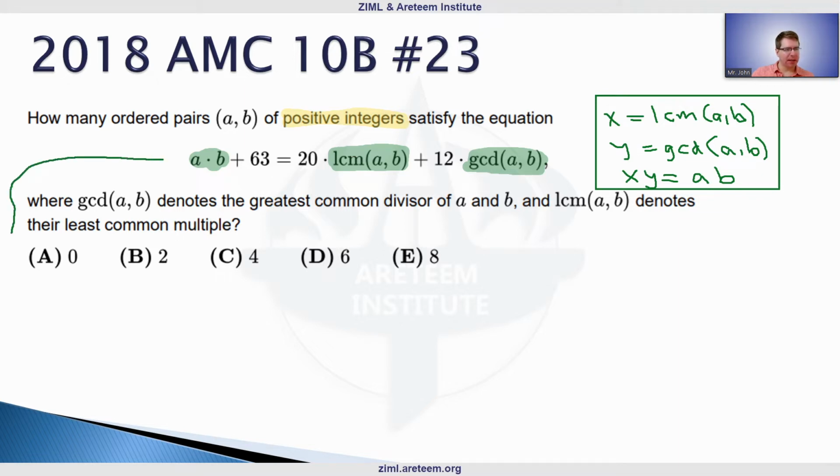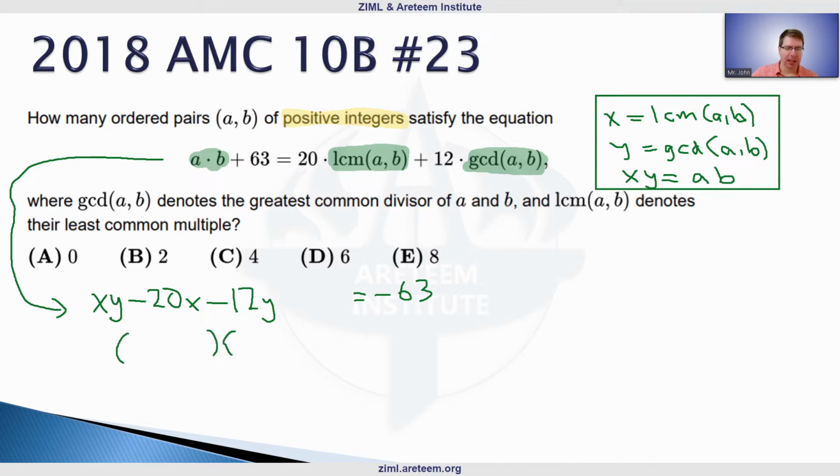But let me rewrite this and do a little rearranging here. So let's keep our xy on the left-hand side. Let's move over the 20x and the 12y. And let's put the negative 63 on the other side. Now, there's different names for this. I like calling this completing the rectangle because we want to factor this expression. Because we're looking for integer solutions, that means, oh, if we factor it, some nice things can happen there.